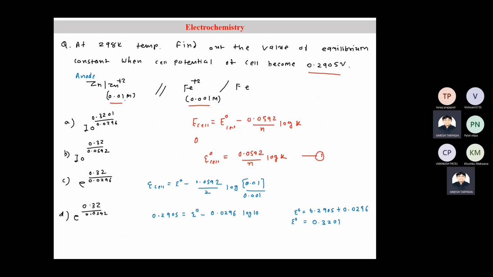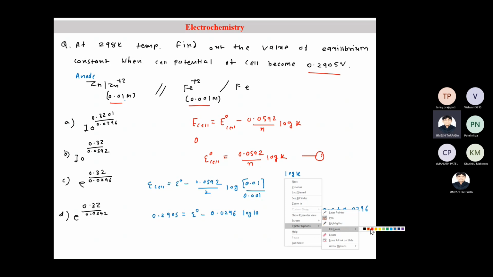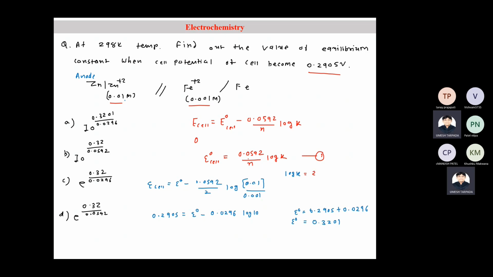Now you can put the value in this equation and find out K. So log K is equal to, n equal to 2 goes on this side, E cell is equal to 0.3201 upon 0.0592. See, 2 and here 0.0592.